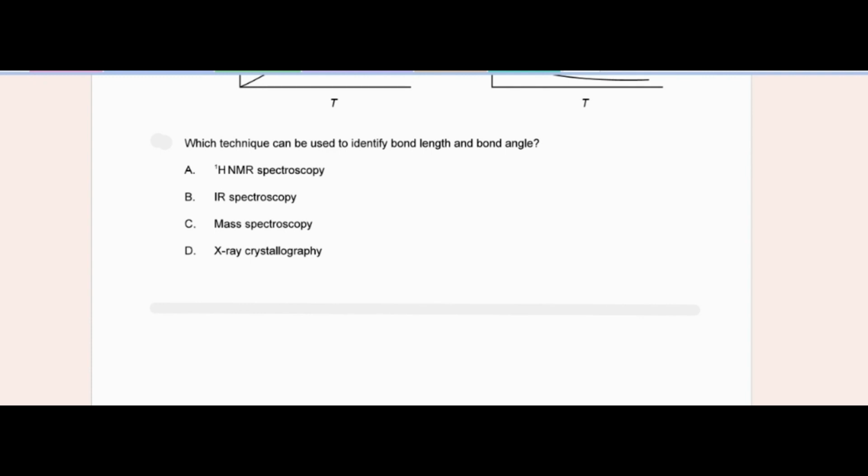That's isotopes. X-ray crystallography. Yes. So that will be D. X-ray crystallography, interestingly, also tells you which enantiomer you have. And that's the end of this paper.